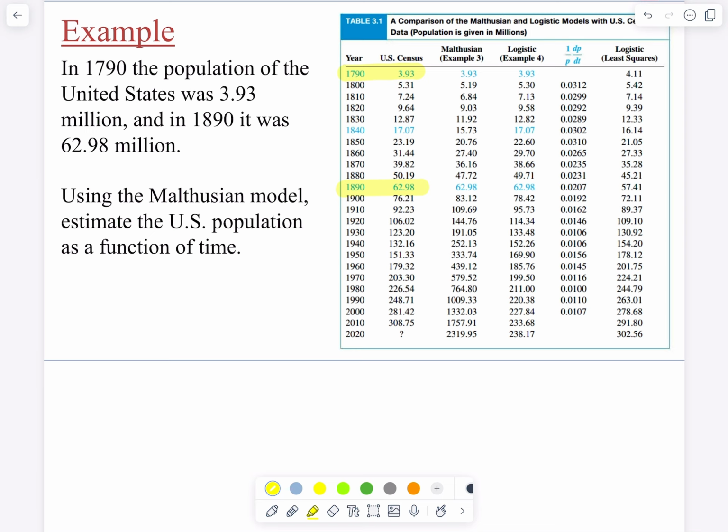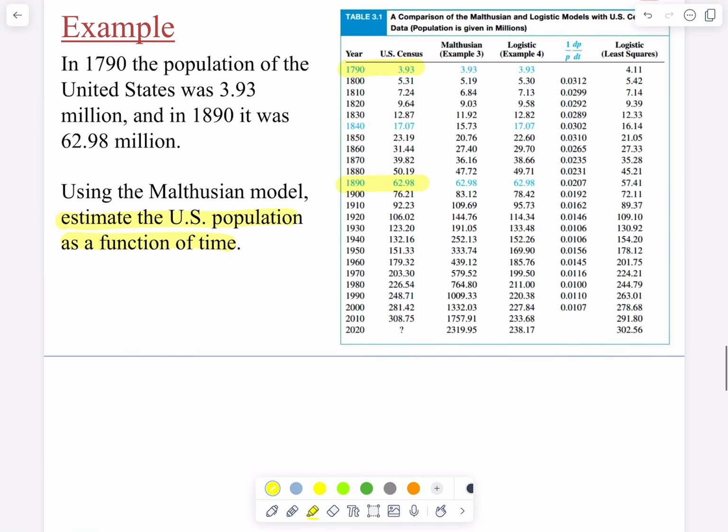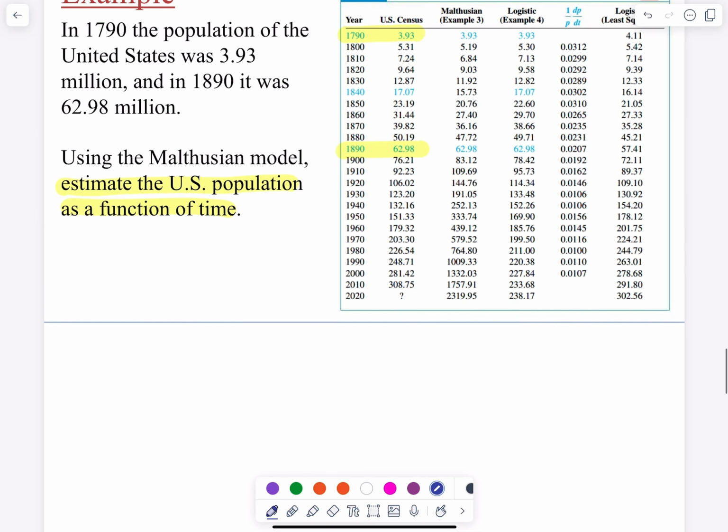Using the Malthusian model, estimate the U.S. population as a function of time. Let's set t equal to 0 to represent year 1790.